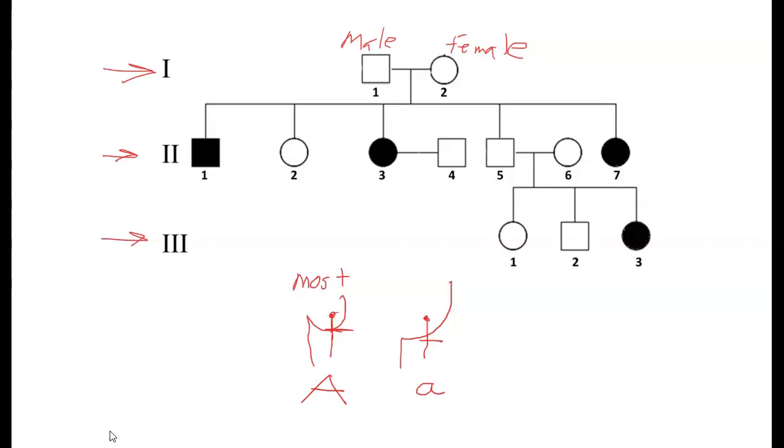Because you have a mom and a dad, both of these parents gave only one copy to the kids. So we can already figure out that if a person looks like this, another person looks like this, and a third person has the genes of that, where this allele would be from, let's say, the mom, and that would be from the dad.